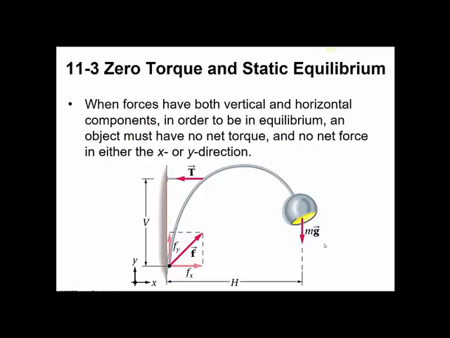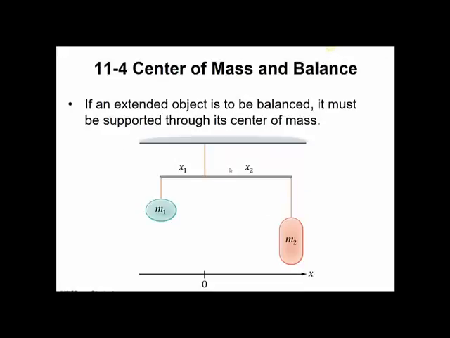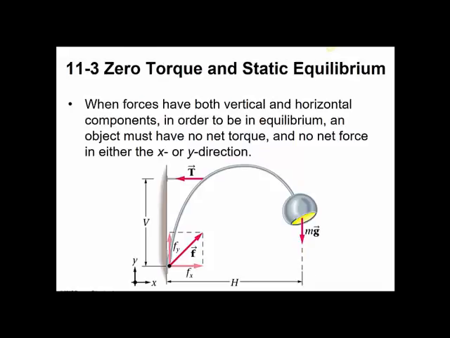Also, remember that when forces have both vertical and horizontal components, in order to be in equilibrium, an object must have no torque and no net force in either the x or y direction. So think about a lamp that's adhered to the wall. This lamp, first of all, is pulling downward, producing a downward torque.